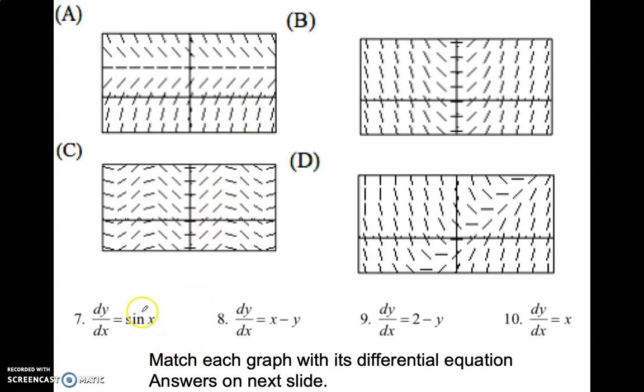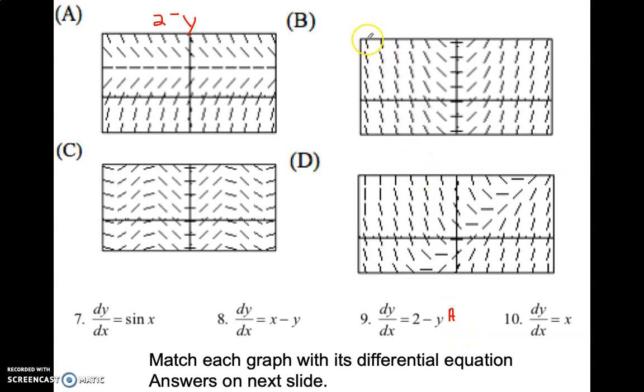When I look at these equations, sine of x, x minus y, 2 minus y, and x, they all have the letter x in them except for number 9. So just by multiple choice alone, I'm going to conclude that my answer is 2 minus y. So number 9, part A, goes with number 9.